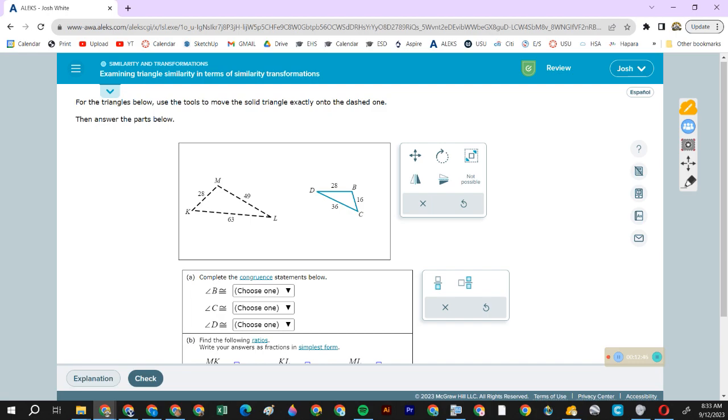All right. So we need to use the tools to move the solid triangle exactly onto the dashed one and then answer the questions. So I'm going to do that from over here.